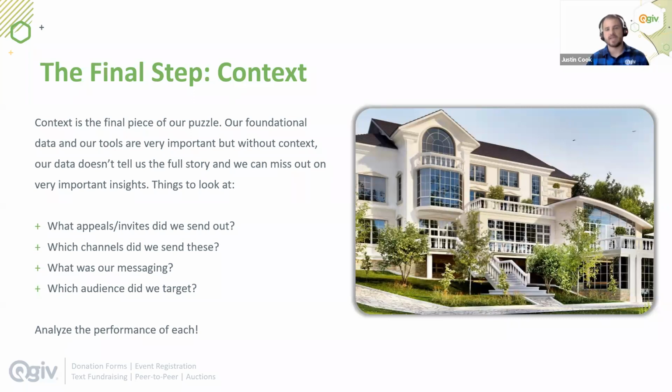Once we have our dashboards organized for our different types of fundraisers, what we want to do is add context to each event or each campaign that we ran so that we can understand the full story, because we can miss out on very important insights unless we do that.